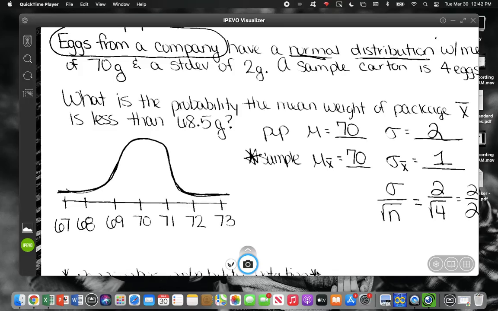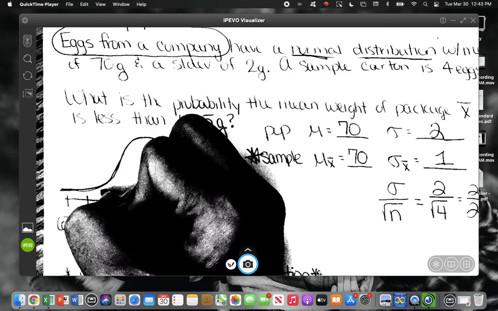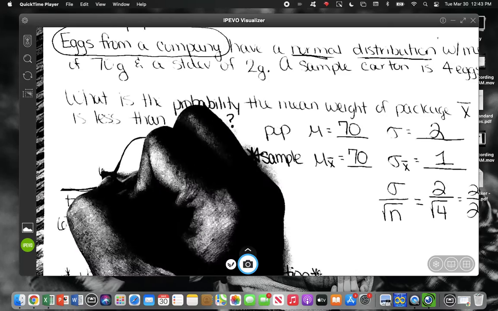Now on this one, we are trying to find the probability that the mean weight of our sample is less than 68.5. So we are going to mark this and shade it on our graph. 68.5 is right here, right in the middle of 68 and 69.